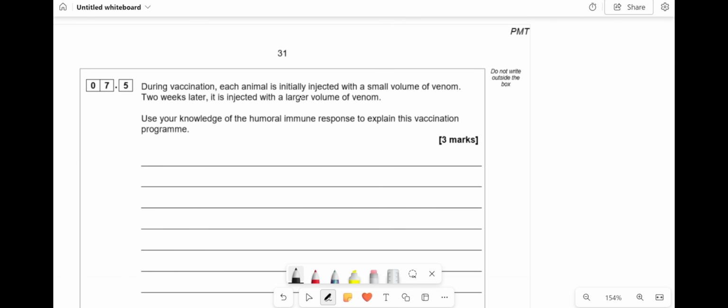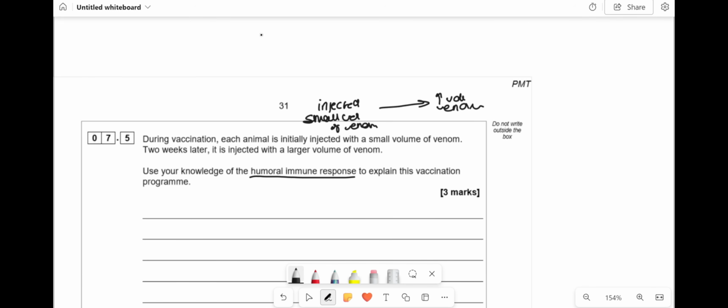It says during vaccination, each animal is injected with a small volume of venom. Then 2 weeks later, they use the same, but a larger volume of venom. It says use your knowledge of the humoral immune response to explain this vaccination program.